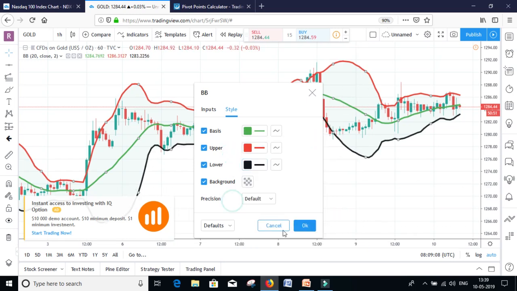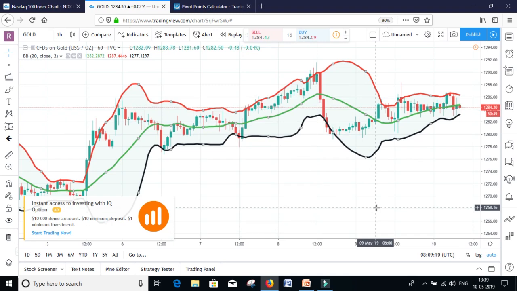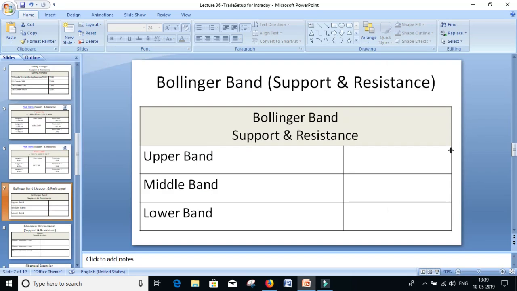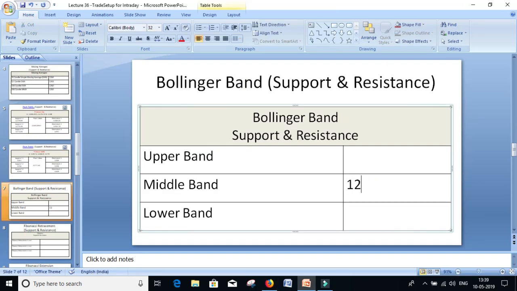Now the band is easily clear. The band is right now in a squeeze form, and the support and resistance are very near to the band. The middle band is 1284, so we put 1284 as the middle band.